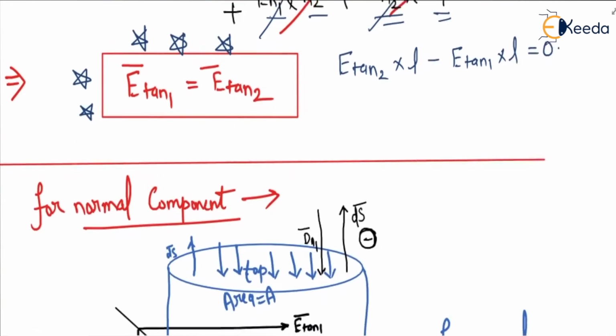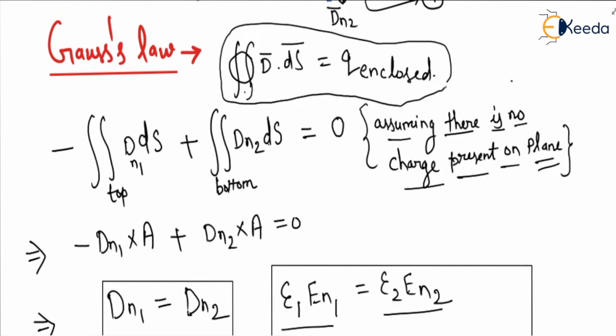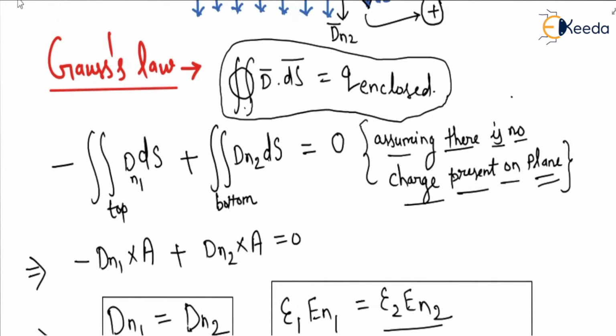Now we can also determine the relationship between normal components, and to obtain it, we will use Gauss law. How to use Gauss law? It is the surface integration of D vector dot dS vector equal to charge enclosed. To apply Gauss law, we have to assume a closed surface.